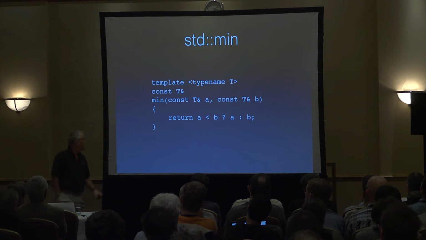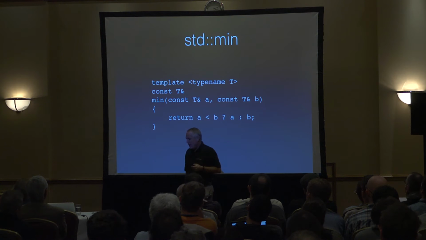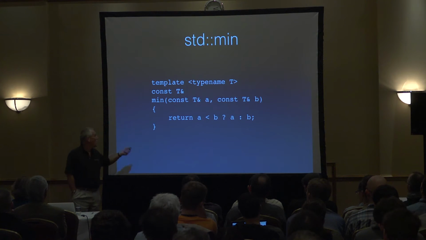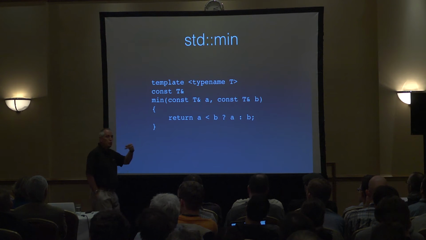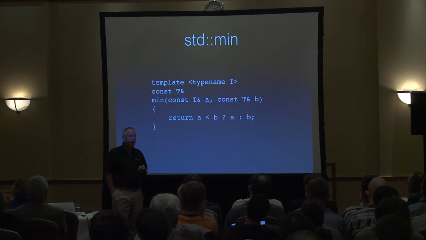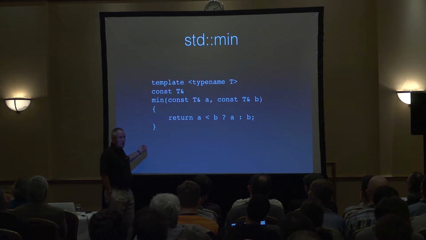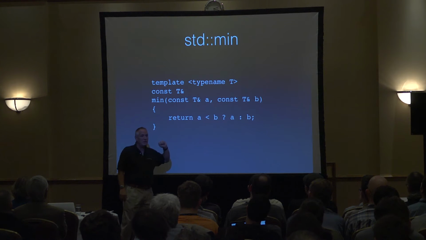It takes another parameter here and uses that comparison predicate instead of less than. And you'll see that a lot in the standard library, where there's frequently two versions of a lot of algorithms. For example, sort. Sort has a 2-argument version where it takes 2 iterators and uses operator less than to order things.